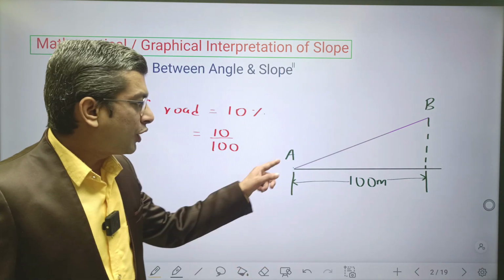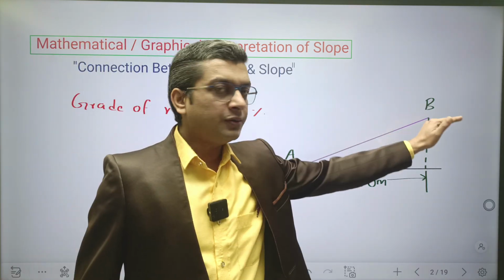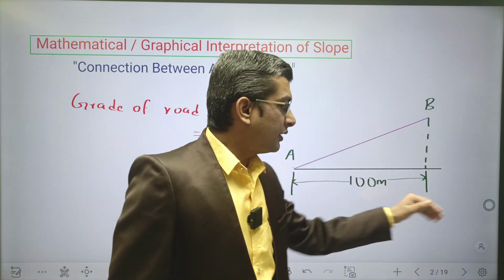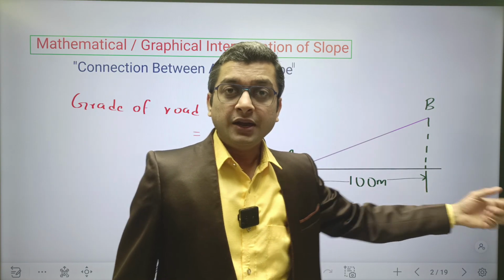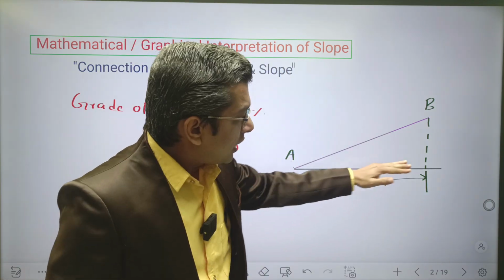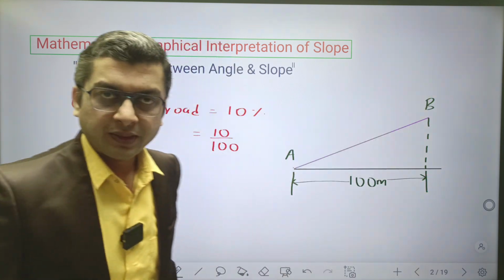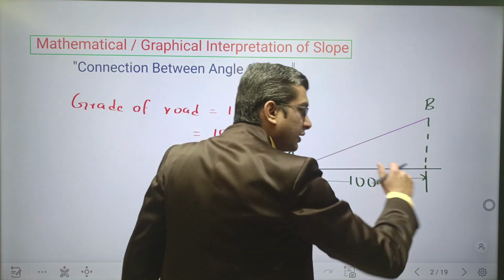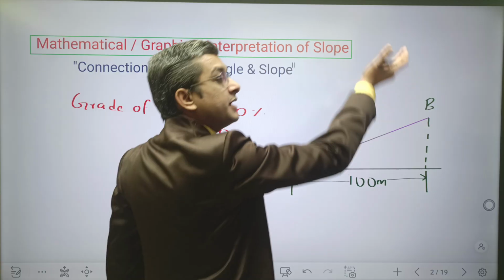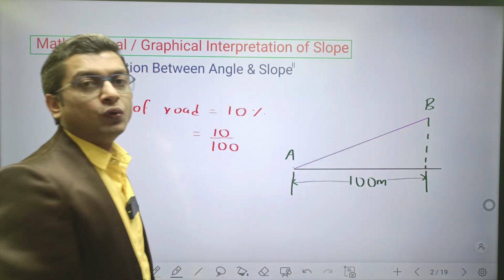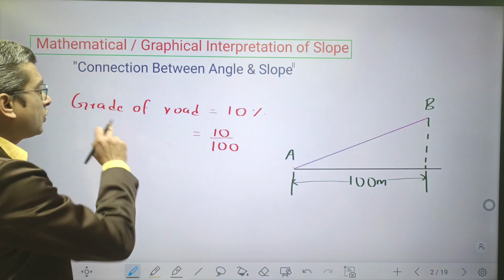Now when you move from point A to point B along this road, you get shifted by 100 meter along horizontal direction. It means that you are shifted by 10 meter along vertical direction, isn't it? So for every 100 meter along horizontal direction, you will get rise by 10 meter along vertical direction. So this is the meaning of grade.